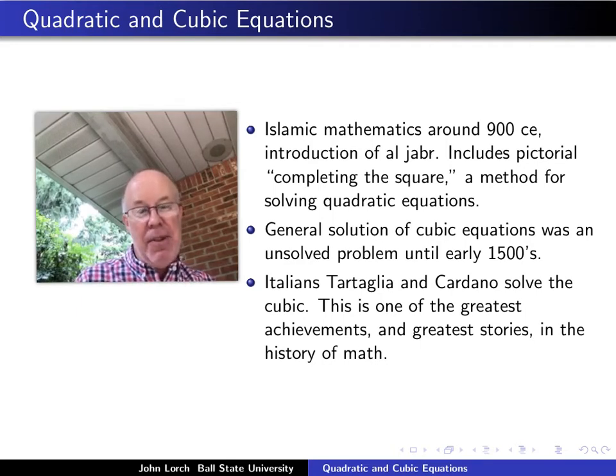Now, the general solution of the cubic just remained out of reach until the early 1500s. In fact, in the late 1400s, there was an Italian mathematician by the name of Pacioli who stated flat out that he felt a general solution to the cubic equation was pretty far off. But within 30 years, this problem had been solved.